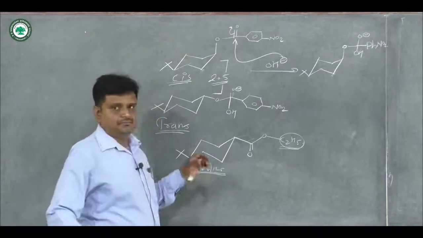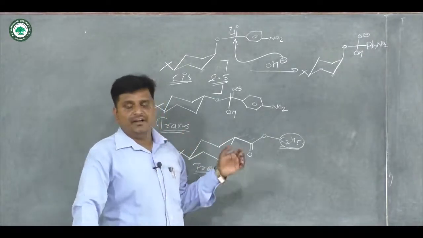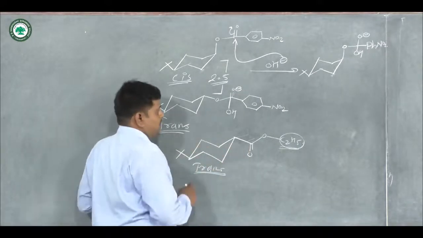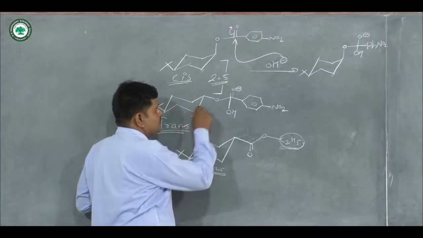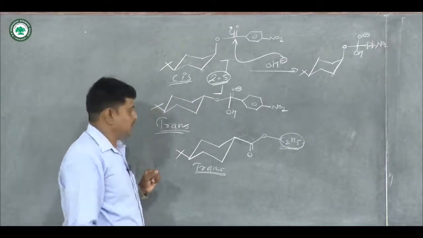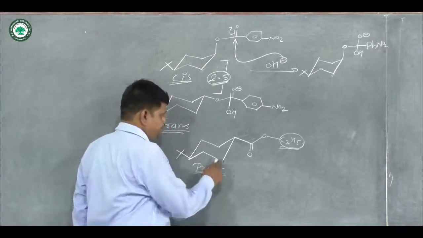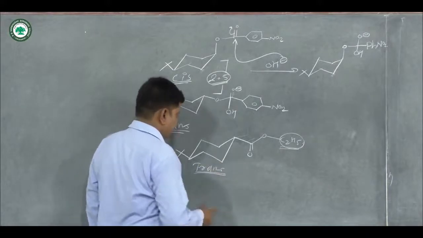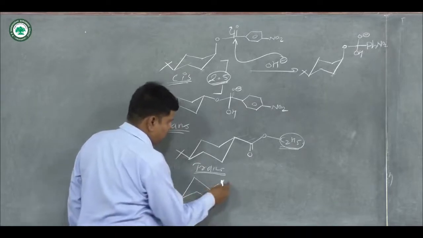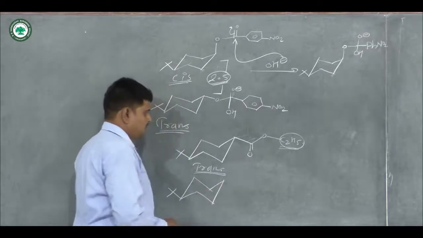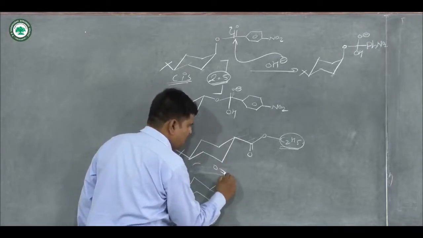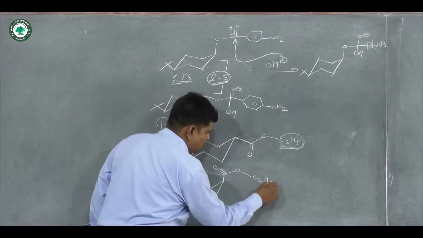Here the trans isomer is 20 times faster than the cis isomer, whereas in the previous example the trans isomer is only 2.5 times faster. Now we can explain this. Here this is trans, this is carbonyl, this is oxygen, and this is C2H5.